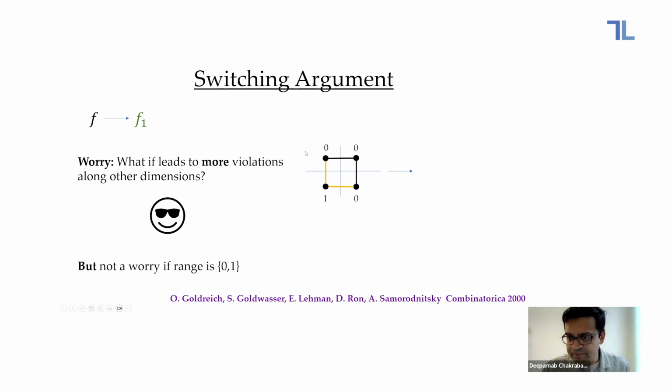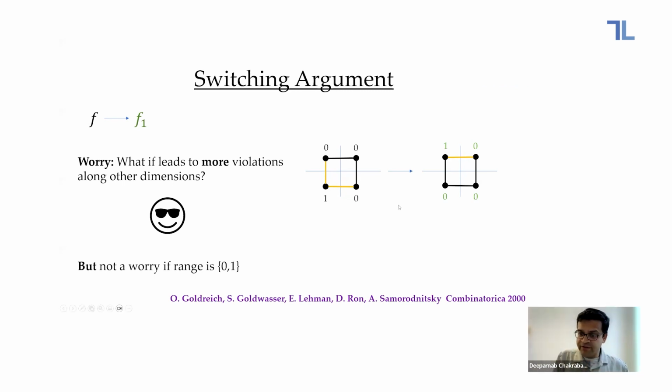And if you swap them, then as in this case, you just work out and see that yes, this edge, which was not a violation, becomes a violation. But this edge, which was a violation, goes away. So the number of violations actually remains the same in this example.